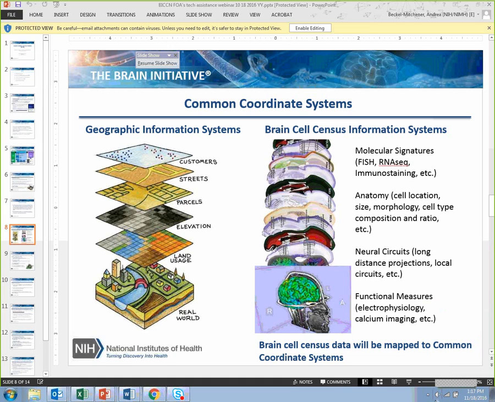The BICCN will promote common spatial and semantic standards to link heterogeneous data sets. NIH expects that all brain cell census data will be spatially linked and widely accessible through a Google Earth or Google Maps-like brain cell access.